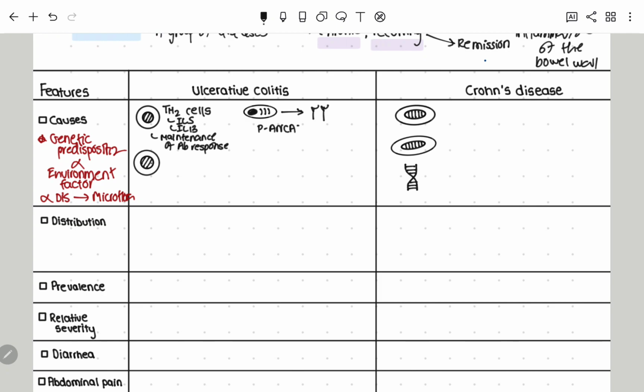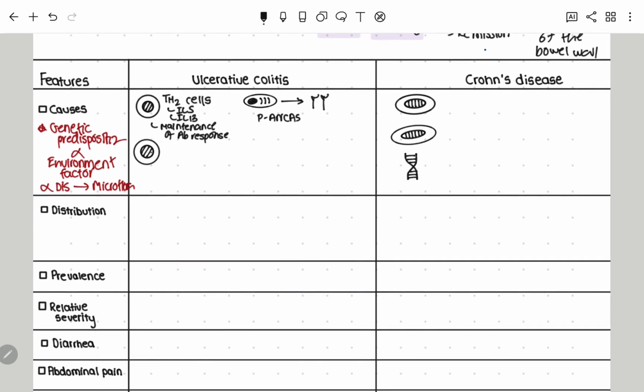You'll remember this from the vasculitis lecture, that P ANCAs are perinuclear antineutrophilic cytoplasmic antibodies. That's really just about it. I don't really want to go into too much detail of it. And then the last type of cell that is implicated in ulcerative colitis is cytotoxic T cells. So the cytotoxic T cell activation and its mediated cytotoxic killing is also seen in ulcerative colitis.